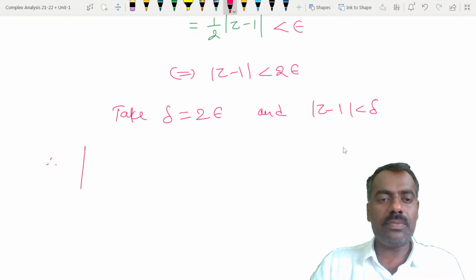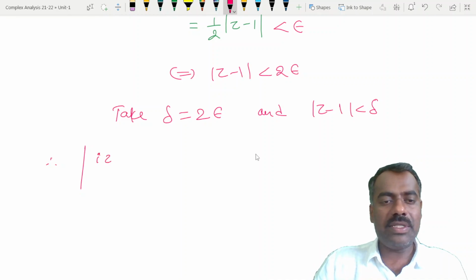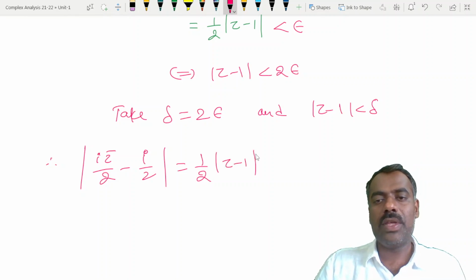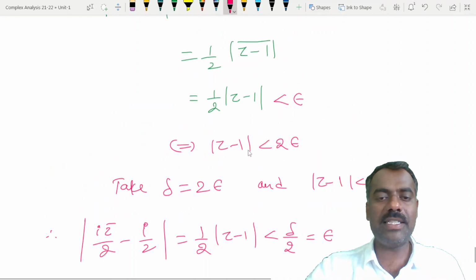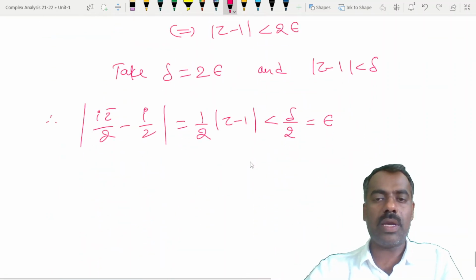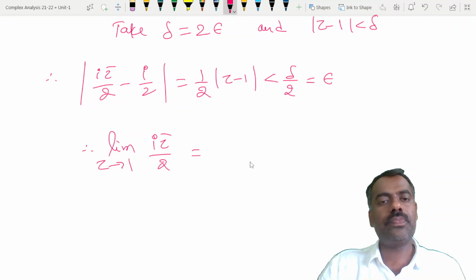Then mod of i times z bar by 2 minus i by 2 simplifies to half of mod z minus 1, but mod z minus 1 is less than delta, so this value is less than delta by 2, but delta by 2 is the same as epsilon, right? Is that clear? So therefore, the limit of i times z bar by 2 as z tends to 1 is equal to i by 2.